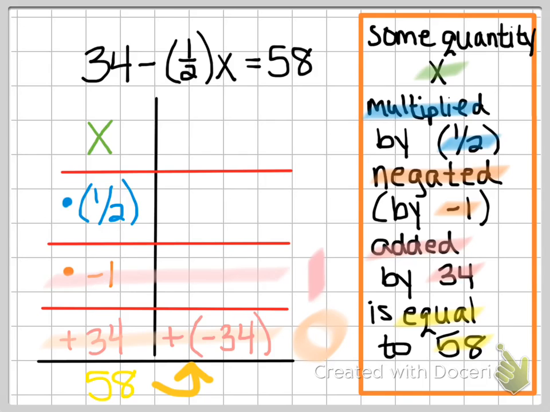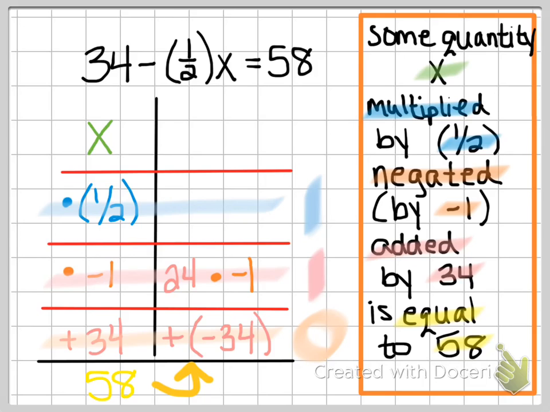Going from a negative to ending with a positive, I need to add another negative, another opposite sign. So I take my value from my previous step, 58, added to 34 negatives, and it becomes 24 positives. Perfect. 24 positives times a -1, or positive 24 negated. And I'm going to move up to my next step.